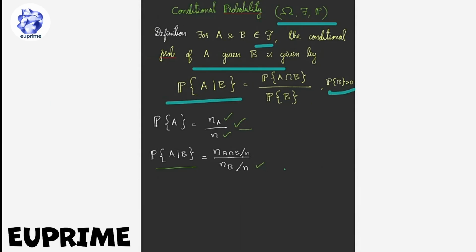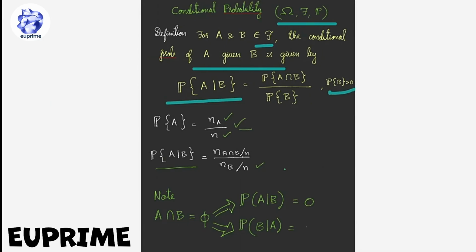Given this to be the case, an interesting thing to note here as a consequence is, let's say, this is a note: if A intersection B is a null set, then what happens to the conditional probability? Both ways. If A intersection B is a null set, those two probabilities end up becoming 0.